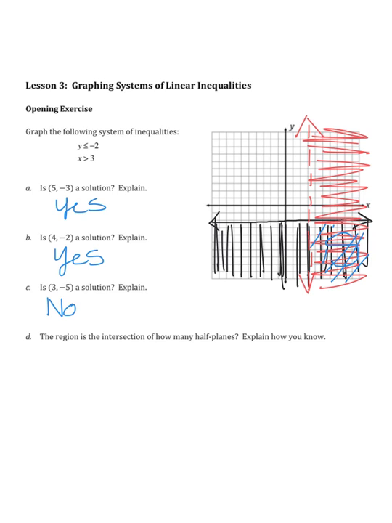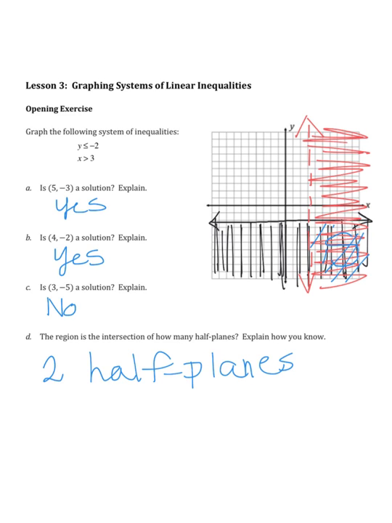So the answer to C is no. And the region is the intersection of how many half planes? It's the intersection of 2 half planes. So that's a new terminology that you haven't seen before in comparison to Algebra 1. We're talking about the shaded regions as being half planes now.